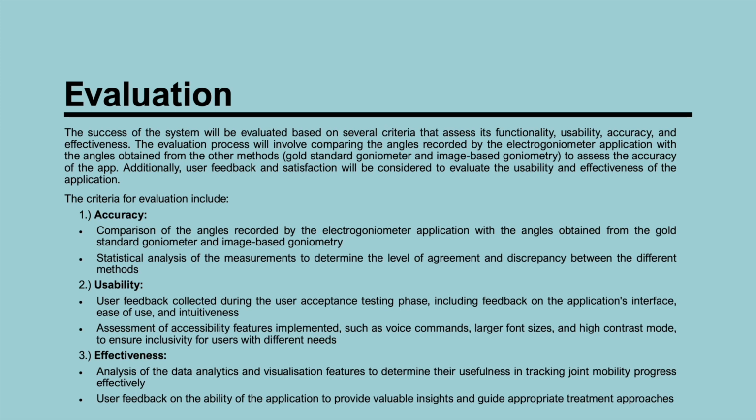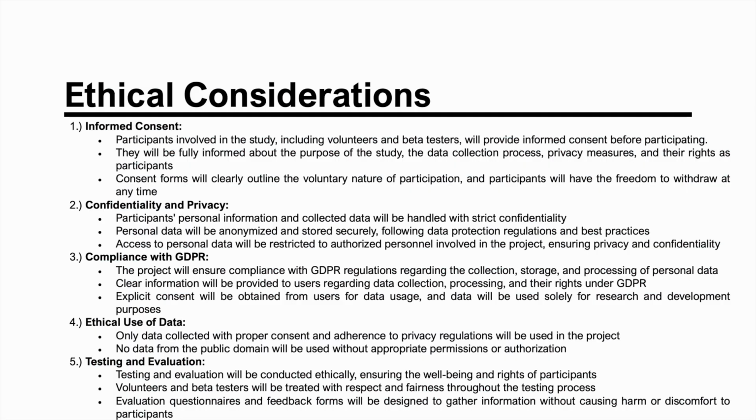I aim to assess the app's accuracy, usability, and effectiveness in joint mobility assessment. The results will inform further improvements and refinements to the application. For ethical considerations, throughout the project, ethical practices will be prioritized, including obtaining informed consent, safeguarding privacy, complying with GDPR regulations, and conducting testing with participants' well-being in mind.